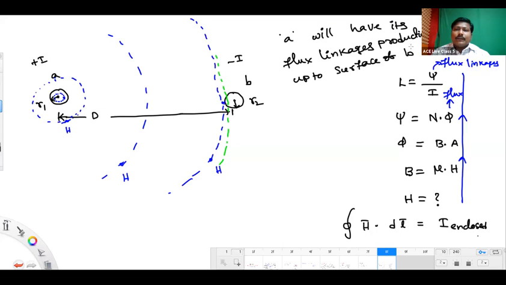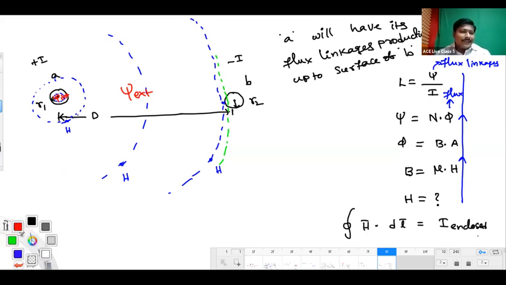One more thing. Inside this blue color big circle, I again have two portions. One is the internal linkages produced by conductor A, psi internal, occurring inside the conductor. And in the other portion, we have psi external.